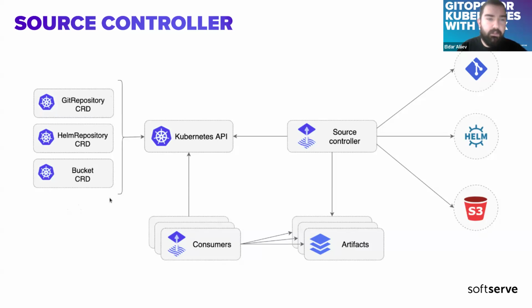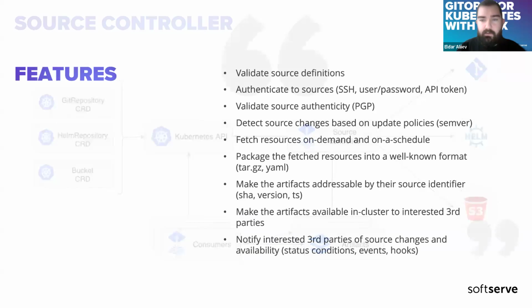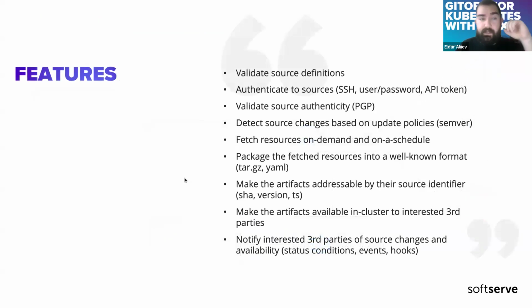You create all of that, then it is applied to the Kubernetes API, and the source controller gathers the artifact based on those configurations. Consumers here are things like Kustomization or HelmReleases that use those artifacts to make the deployment. On this screen, you have a set of features listed for the source controller.